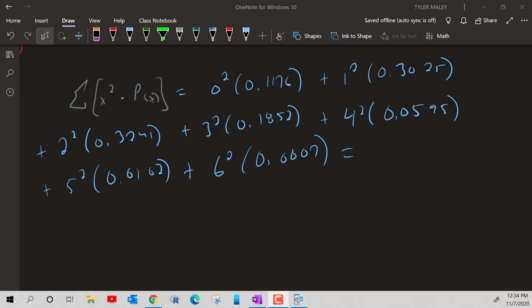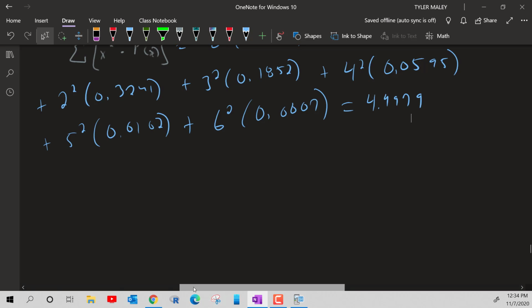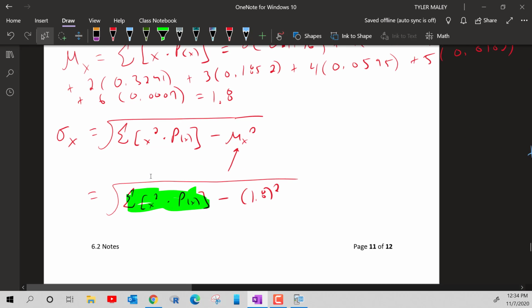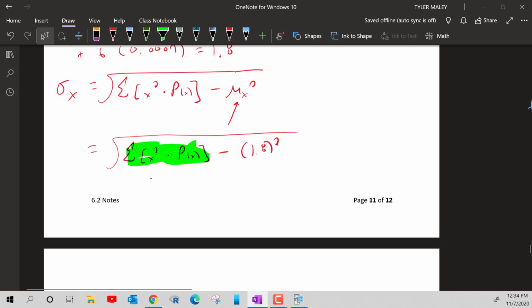So this value comes out to be equal to 4.4979. If I come back over here to the equation, I figured out what that value I highlighted in green is. So this is going to be equal to the square root of 4.4979 minus 1.8 quantity squared.